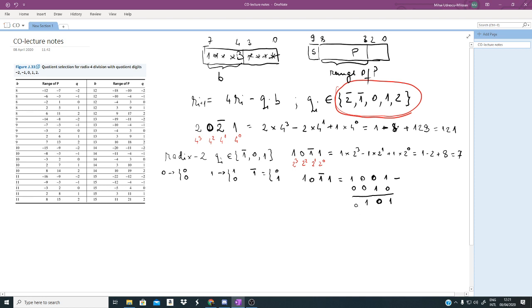So why is it 5? So it's 8 minus 2 plus 1. So it's 5.